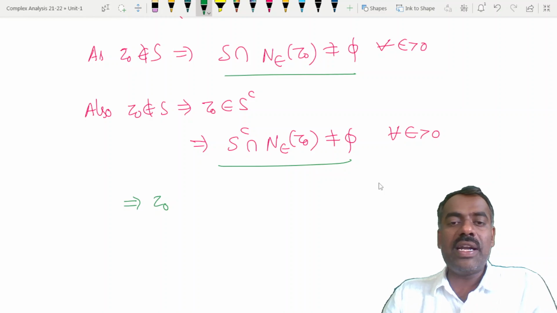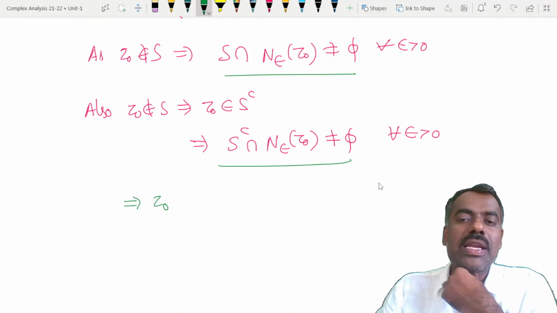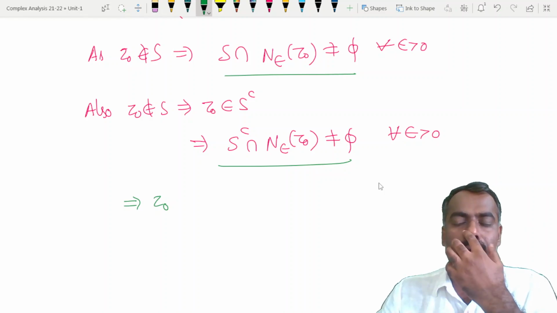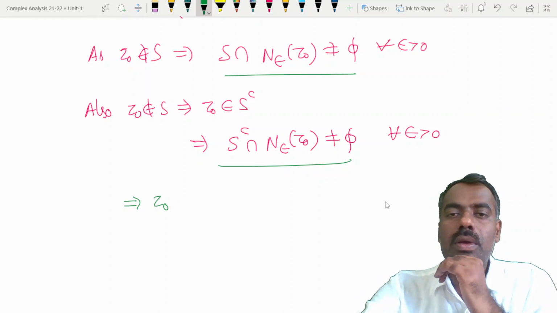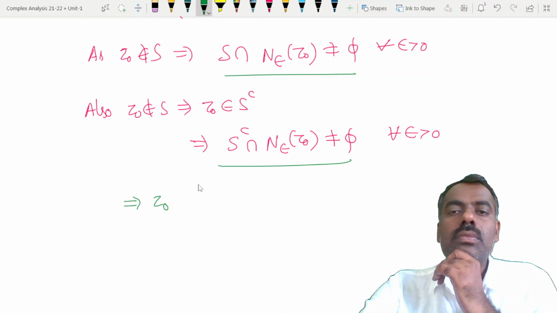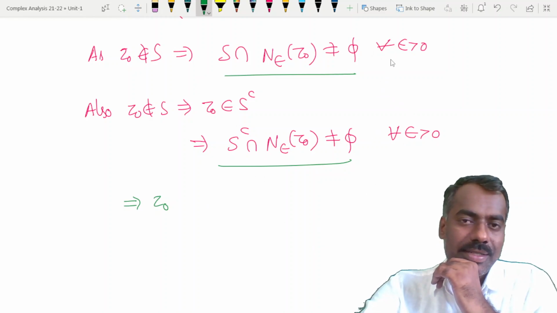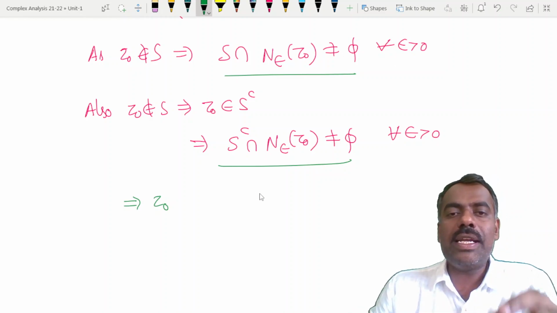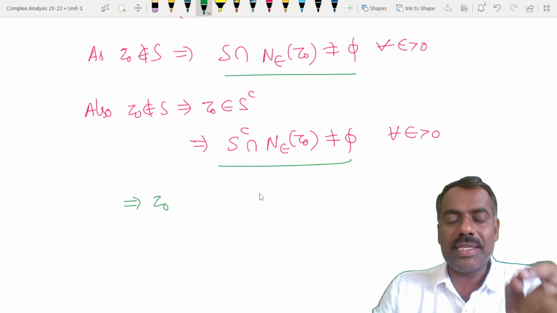N epsilon of Z naught intersection S complement is also non-empty. But from this, what will you conclude? Every neighborhood of Z naught is intersecting S as well as intersecting S complement.